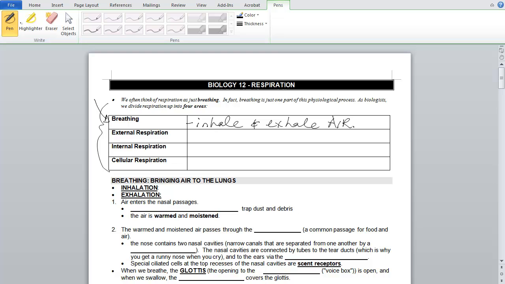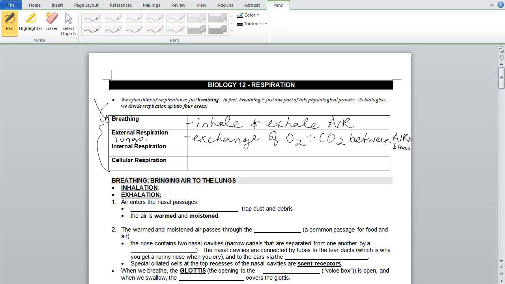There is external respiration, which is the exchange of O2 and CO2 between the air and our blood. So this is what's happening in our lungs.